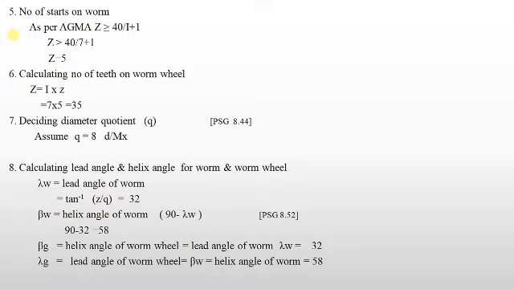That is z2 is equal to i into z1, 7 into 5, z2 is equal to 35. Step 6. Deciding the diameter quotient, denoted by q. Selecting the diameter quotient from PSG 8.44, q is equal to 8.